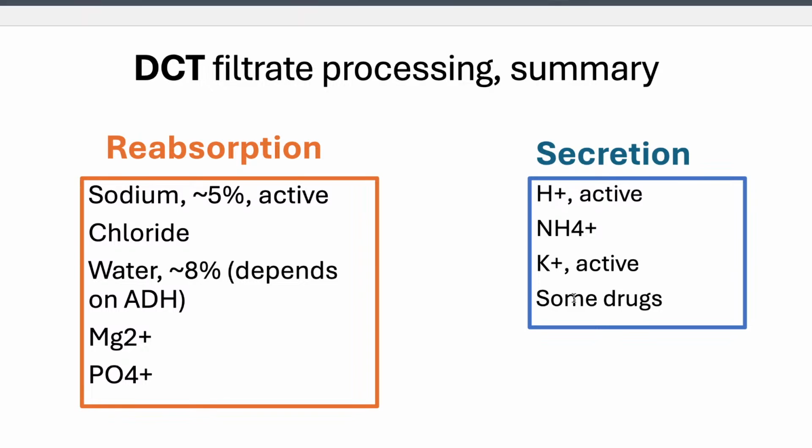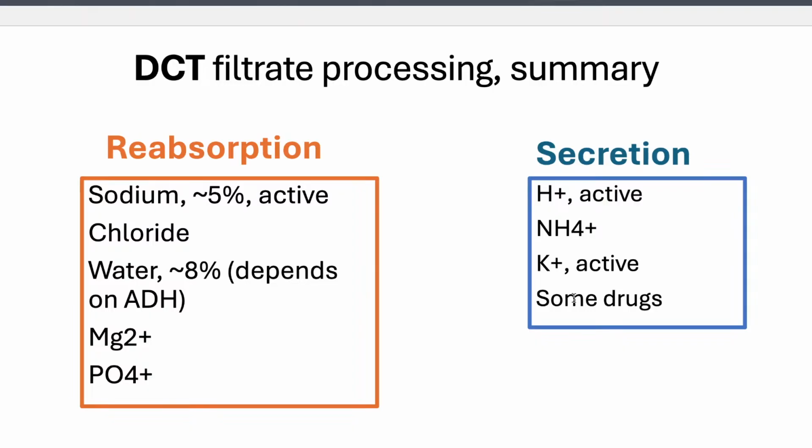So just ions are being reabsorbed, which makes sense because the thick ascending nephron loop was doing the same thing, and they're back to back. And secretion is going to be hydrogen ions, NH4, which is ammonia, potassium, and drugs.